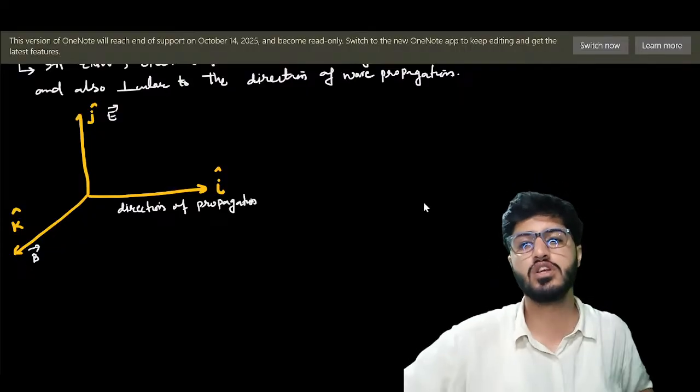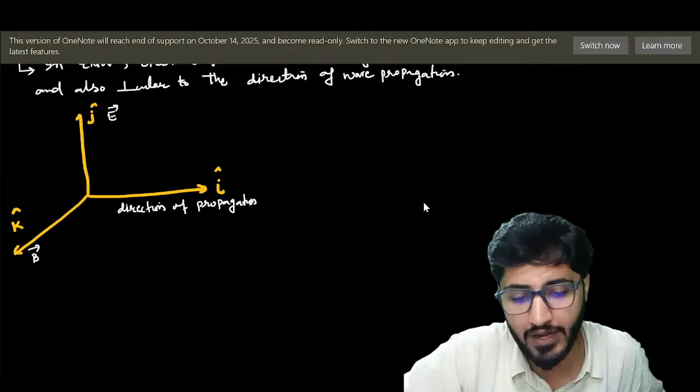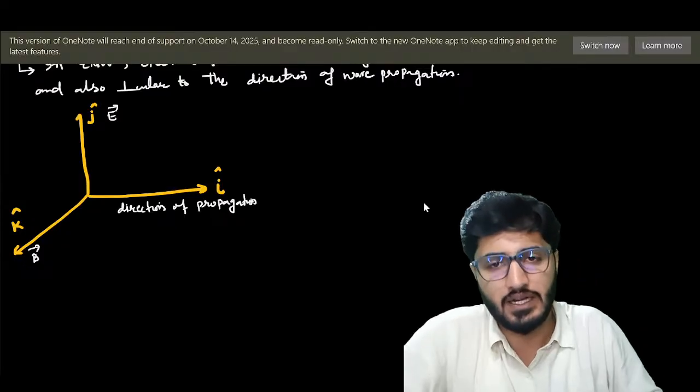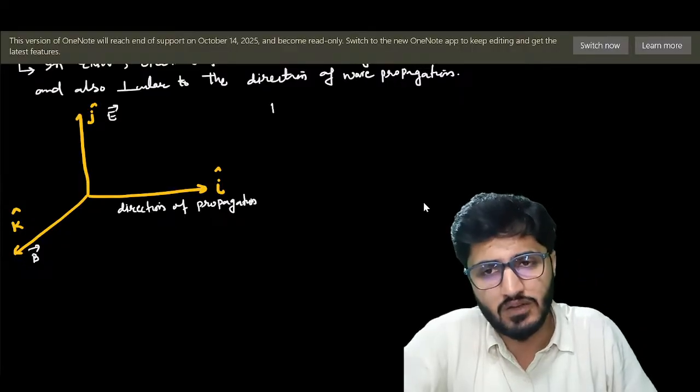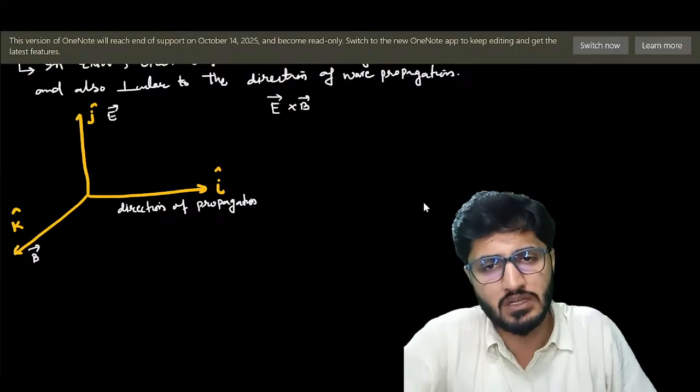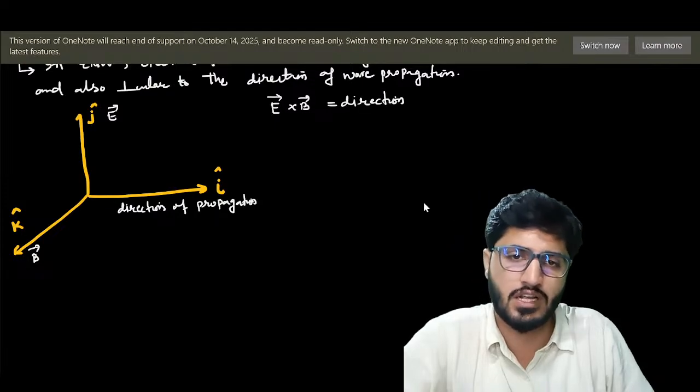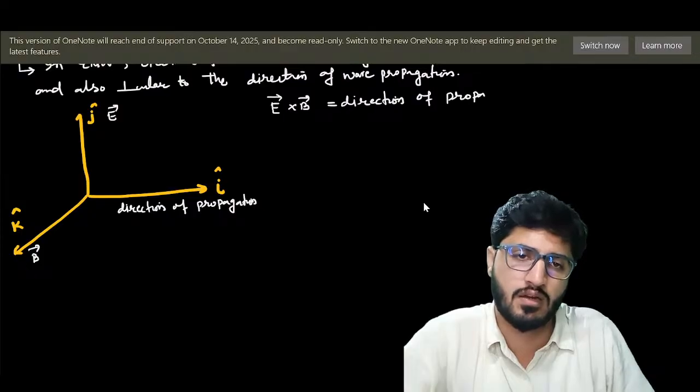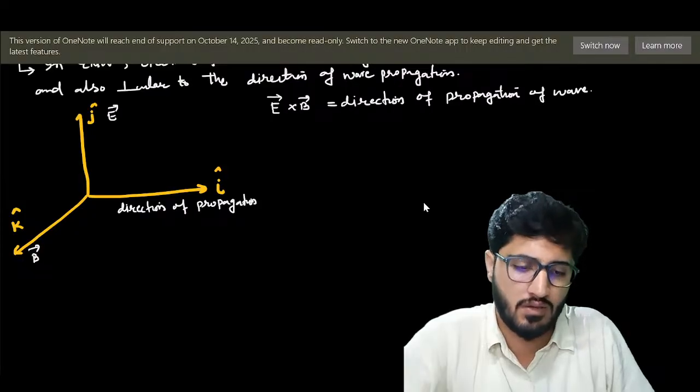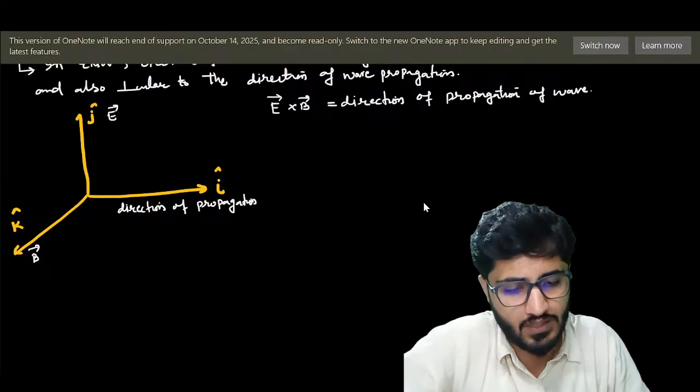This is how you need to show your electromagnetic wave. And what is E cross B? If you are doing E cross B, it will give you the direction of propagation of wave.